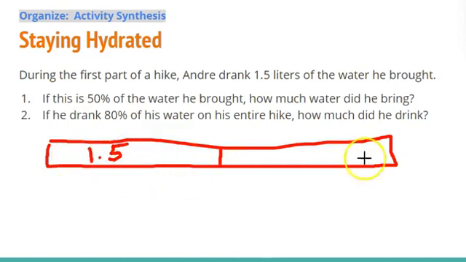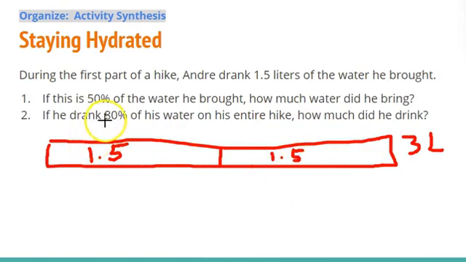Well, this is half of this entire 100%, right? So how much did he bring? Yeah, 3 liters, right? Because if half is 1 5/10, that means we have to add another 1 5/10 to get our total that he brought with him.